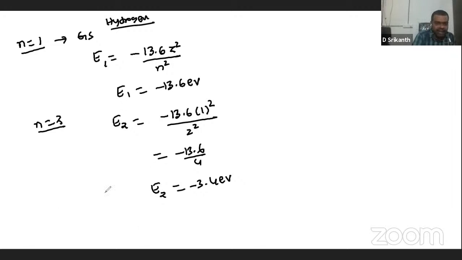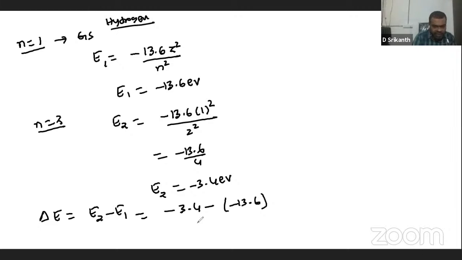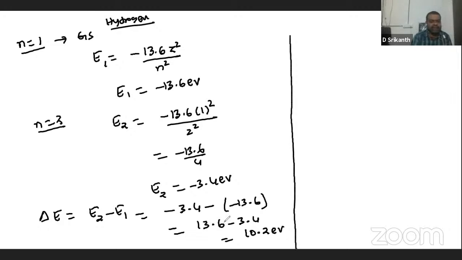So change in the energy, delta E, is equal to E2 minus E1, that is minus 3.4 minus of minus 13.6, that is 13.6 minus 3.4, that is 10.2 electron volt. Like this we'll find the energy difference.